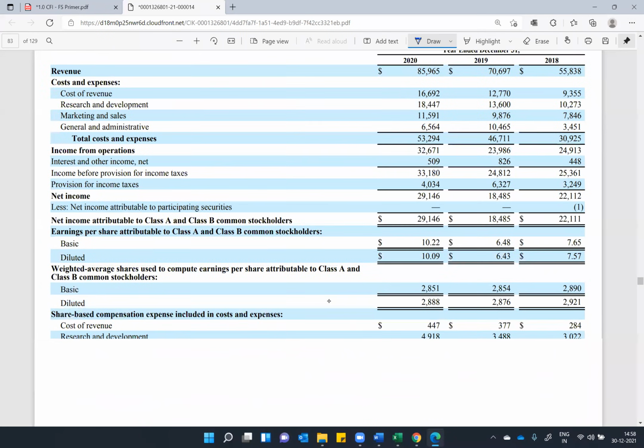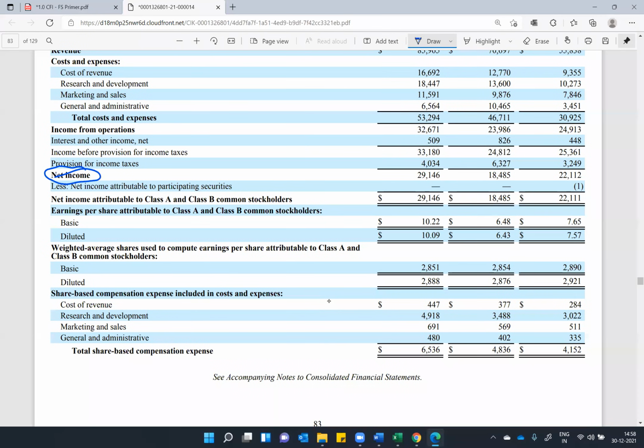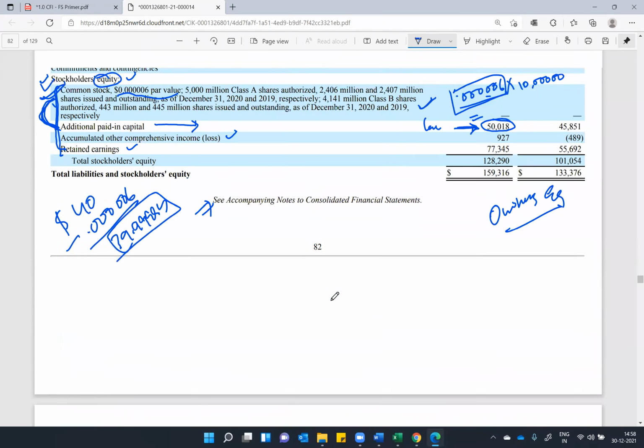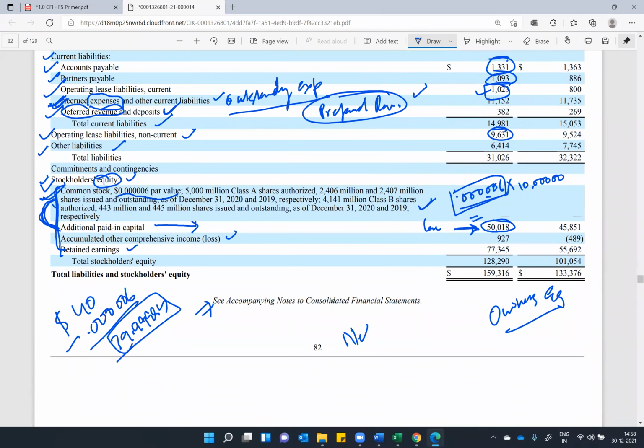After you receive the net income, you reduce the dividend which you have to pay to the investors. Whatever remains is your retained earnings.